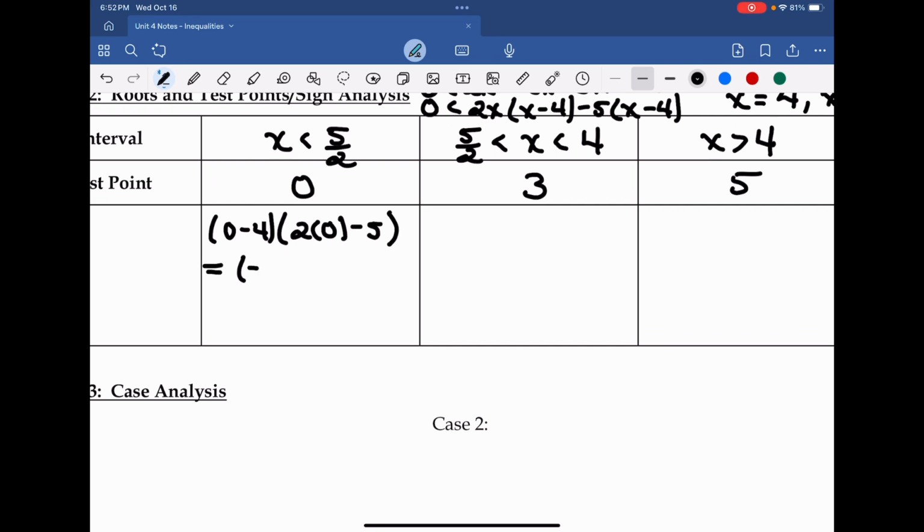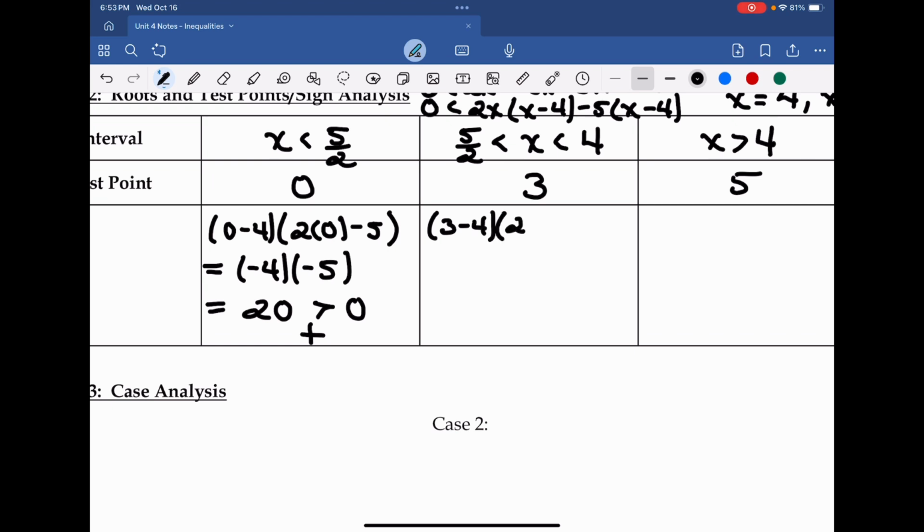This is going to end up giving me negative 4 times negative 5. This gives me positive 20, and 20 is greater than 0. It's a positive value. Therefore, we would say that this is going to be something where the graph is above the x-intercept or x-axis.